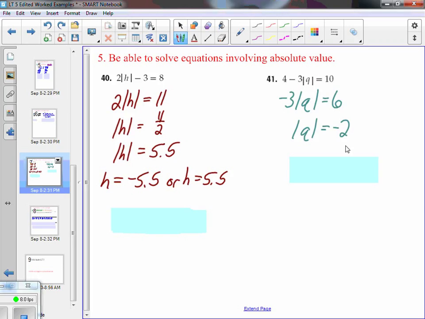Don't think to yourself, oh, what two numbers have an absolute value of -2? 2 and -2. The absolute value of a number is never negative. It's easy to trick yourself, isn't it? And still say 2 or -2. But we don't measure distance that way. The absolute value never, ever equals a negative number.